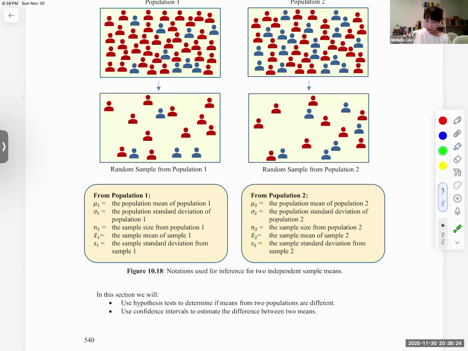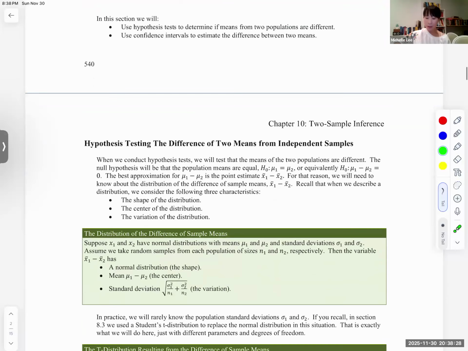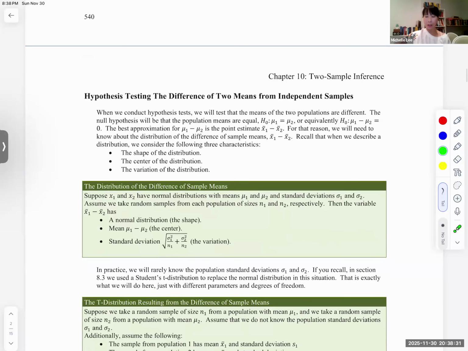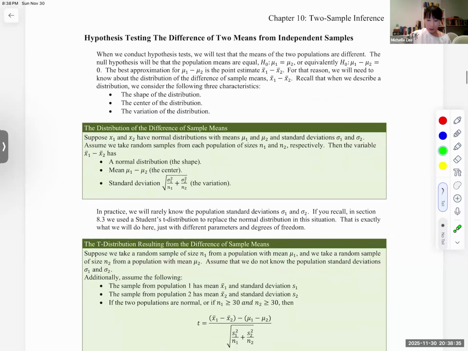We are going to learn hypothesis tests and confidence intervals, like last section. So for hypothesis testing, we have the distribution of the difference of sample means. We did not talk about the shape, center, and standard deviation last time. So here we have the center and standard deviation.